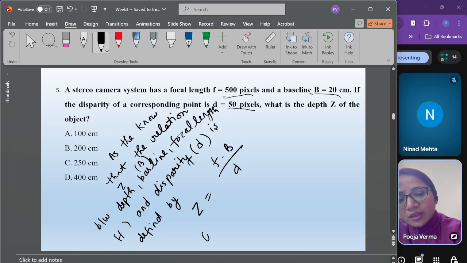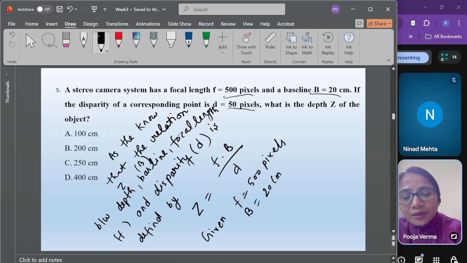Here in the question itself, F is given as 500 pixels, right? Baseline B is given as 20 centimeters, and D, that is the disparity, is given as 50 pixels. Now we just need to put these in the formula and then you will get the answer.